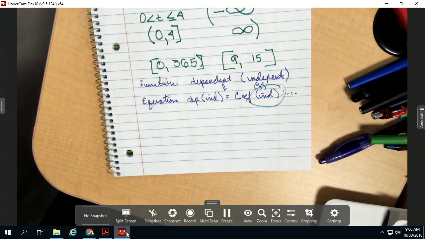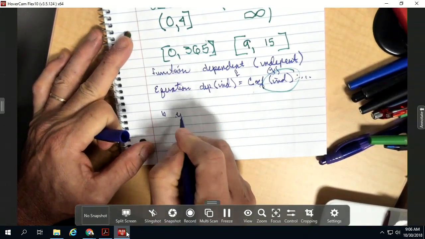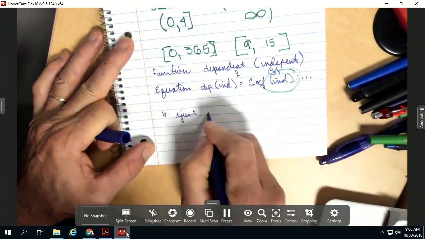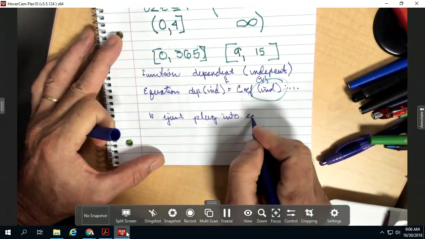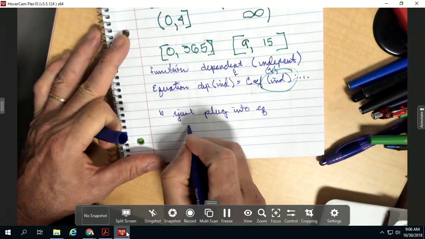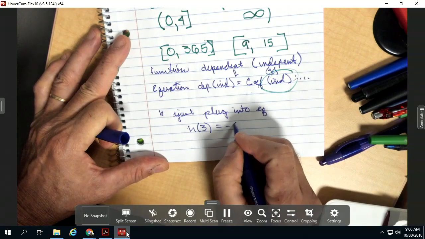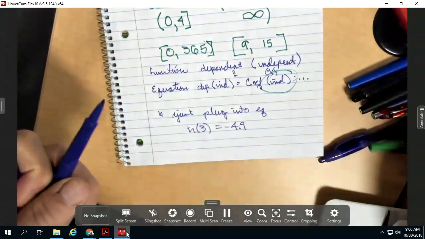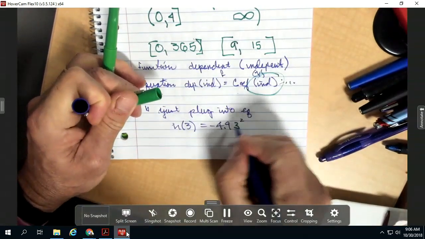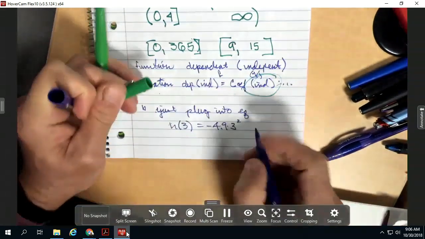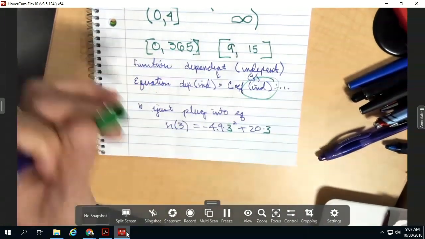So in other words, for letter B, just plug into the equation. So if you had h of 3 seconds, you would just take negative 4.9 times 3 squared plus 20 times 3.